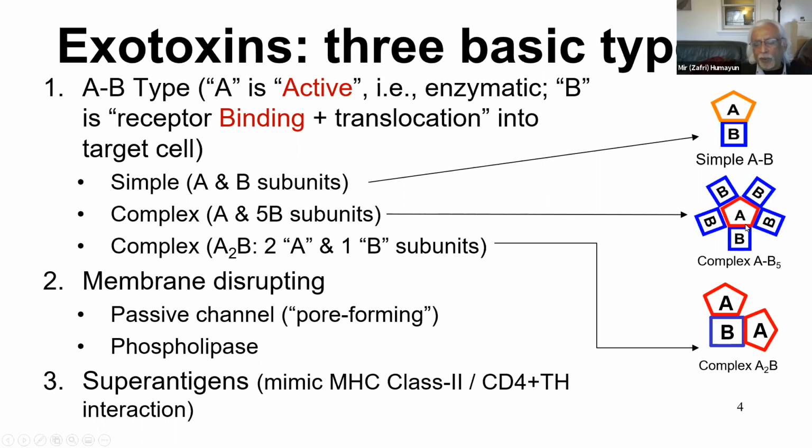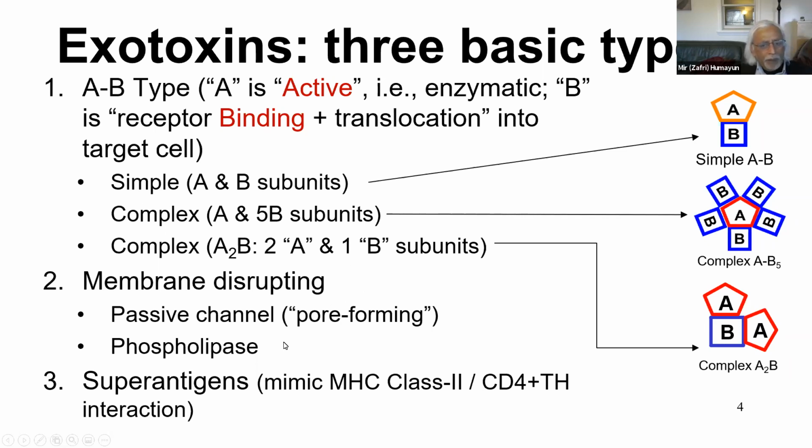There is one subunit of the enzymatic activity and 5 molecules of the binding domain B. This is an A5B kind of complex. There's another kind of complex, A2B, where there are two different A activities sharing one B binding domain. We'll see examples of these in subsequent slides.